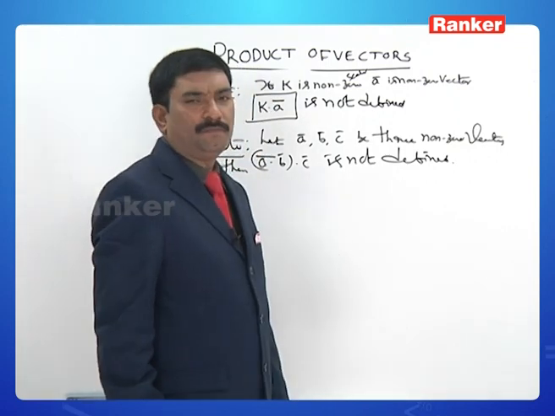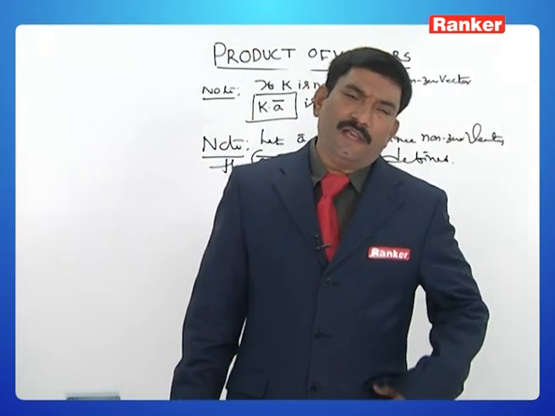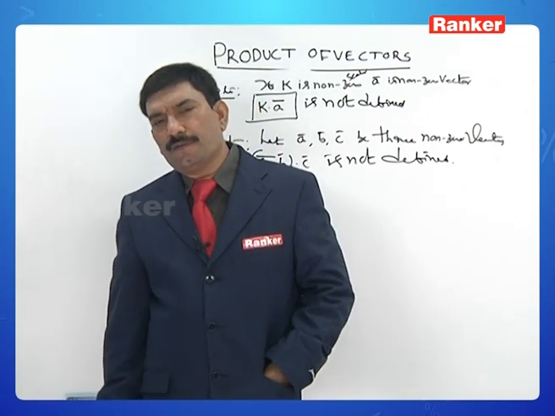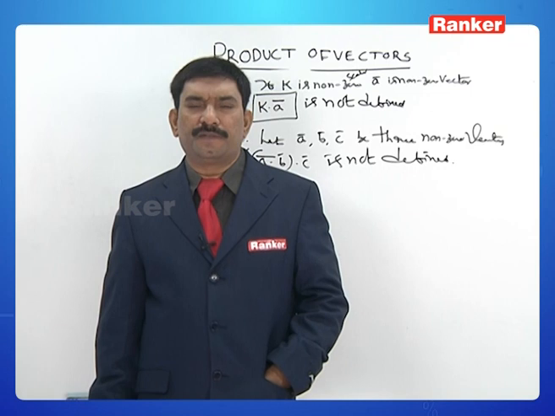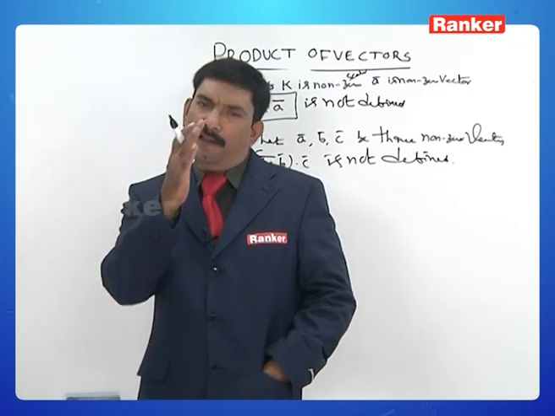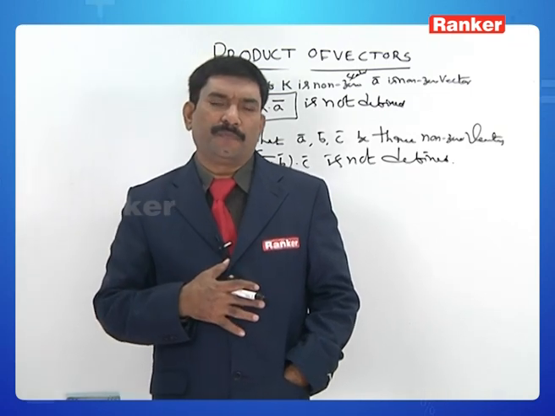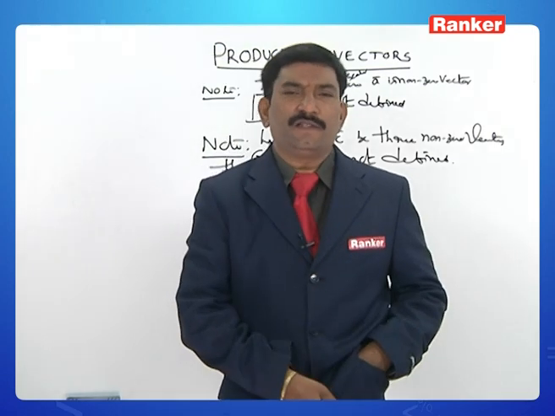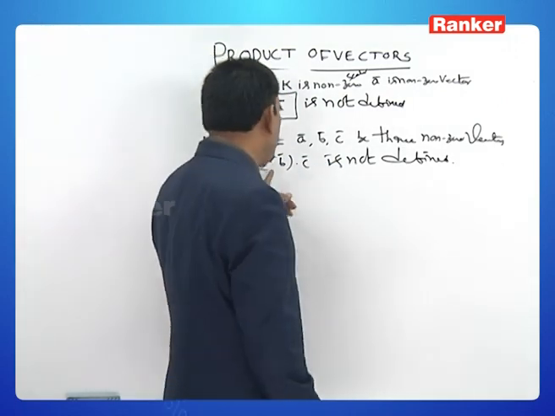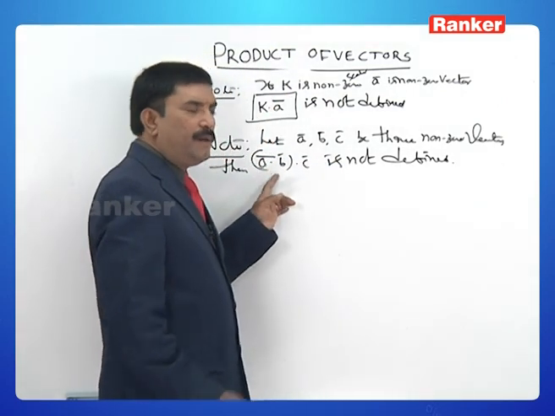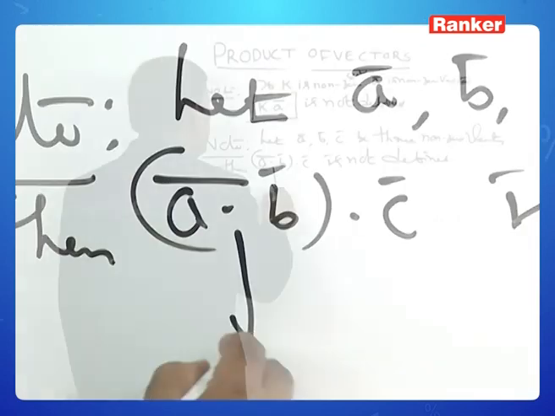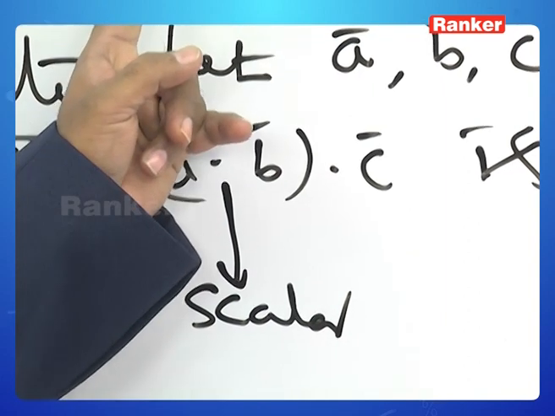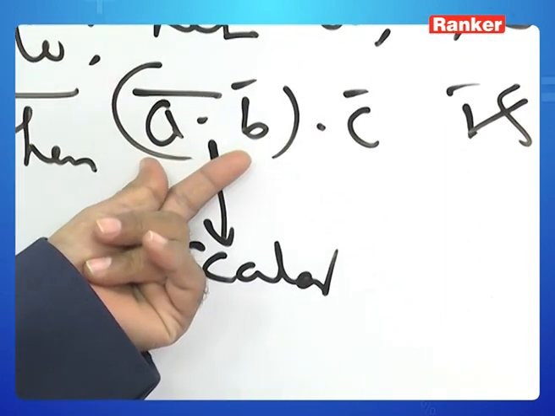Why, sir? I told you the scalar product or dot product of any two vectors is a scalar quantity. It is not a vector quantity. Because of that reason, A bar dot B bar has become a scalar, as I said, like K.